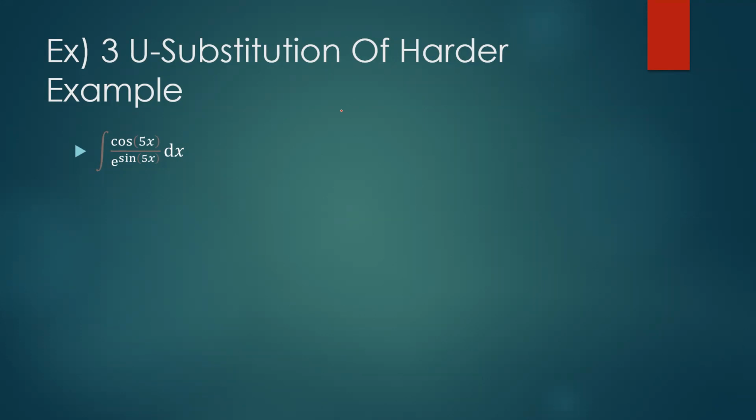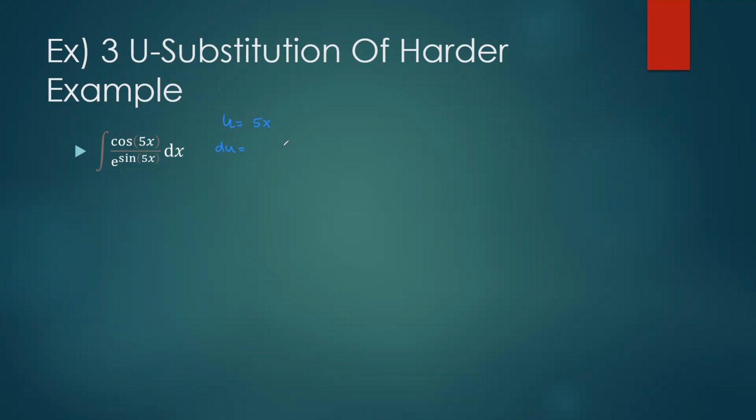Okay, so let's start with our first u substitution. I'm going to set u as 5x. And then du would be, no, I made a mistake. What should I use? U, not 5x.